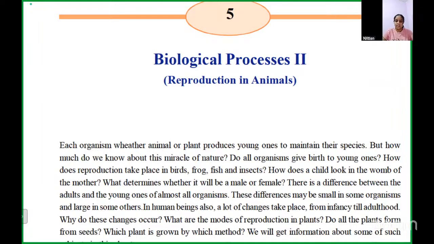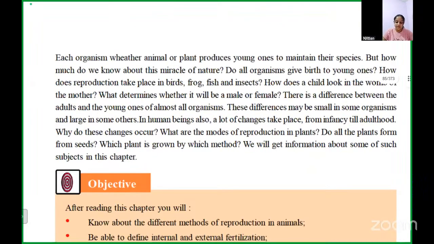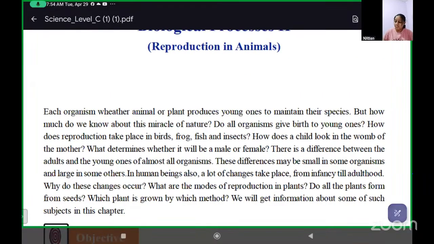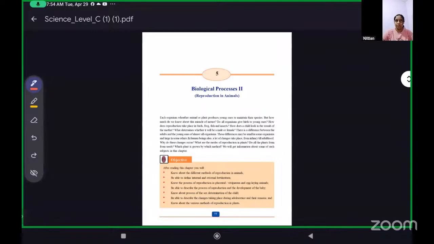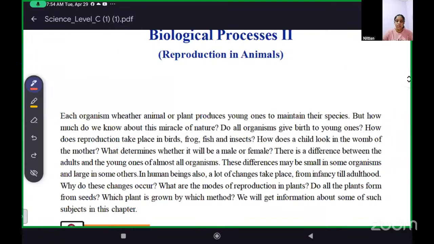Yes. Okay. Now, biological processes to reproduction in animals. What does it mean when the word reproduction comes? It means to give birth to new species, to give birth to a new organism. That takes forward your generation.